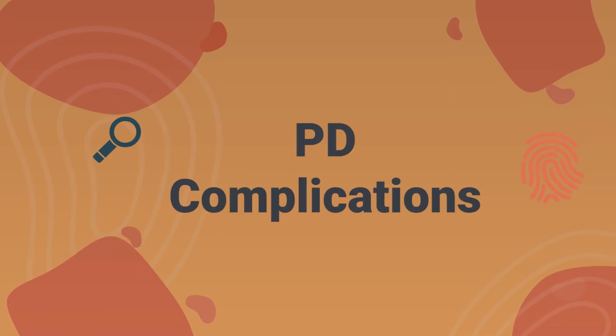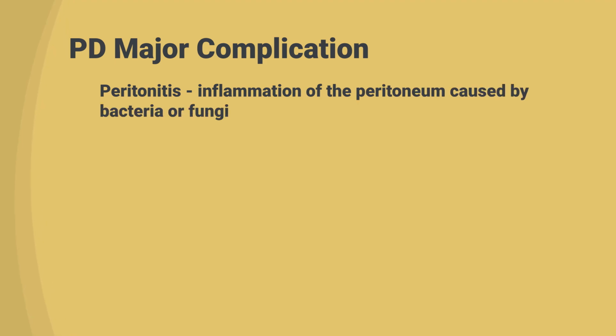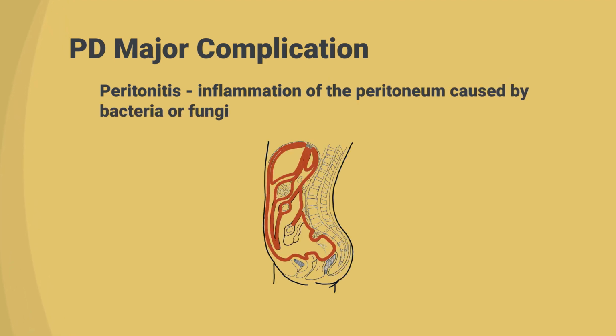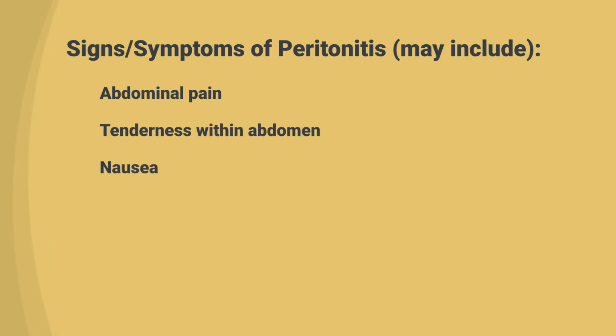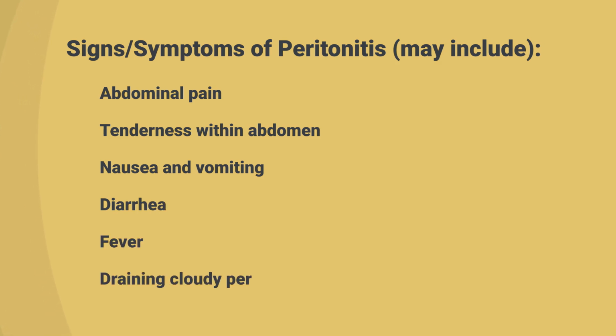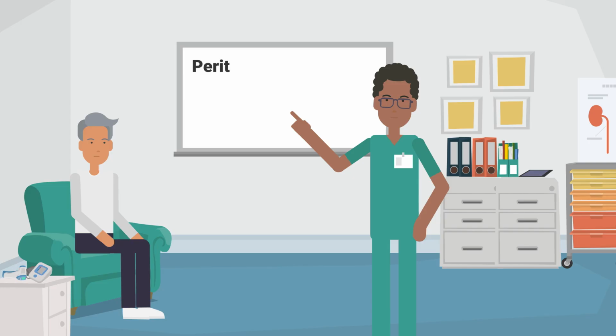PD complications. One of the major complications associated with PD is peritonitis. Peritonitis is the inflammation of the peritoneum, often caused by bacteria or fungi. Symptoms may include abdominal pain, tenderness within the abdomen, nausea and vomiting, diarrhea, fever, and draining cloudy peritoneal fluid.